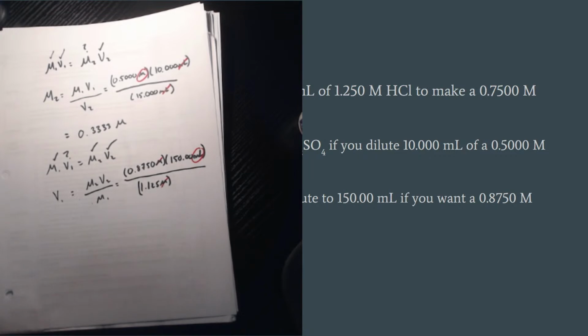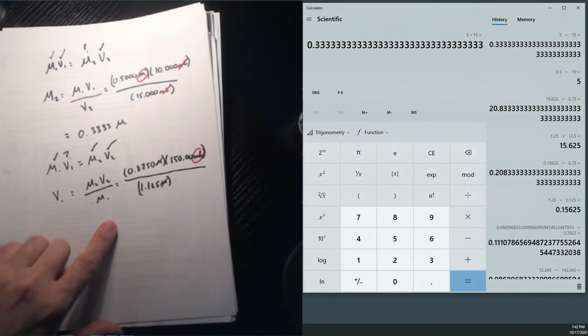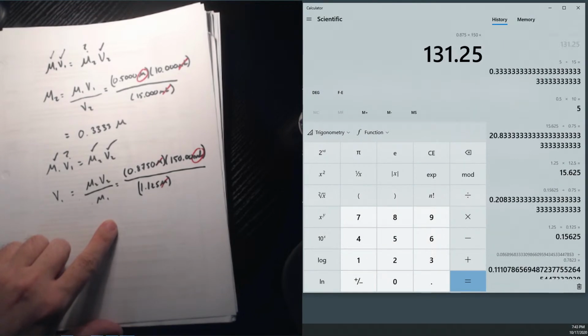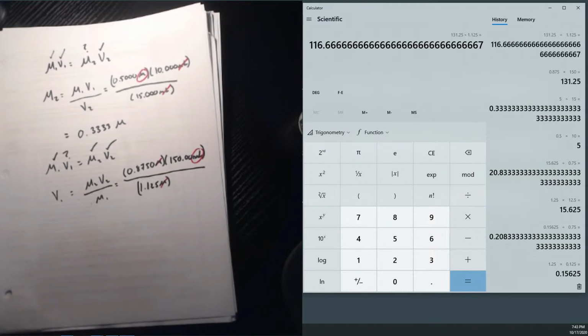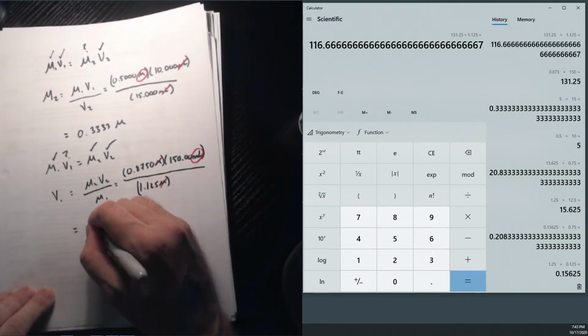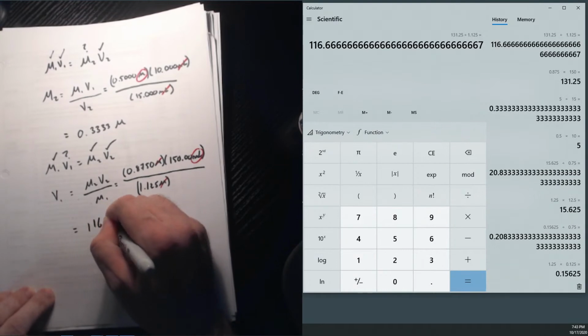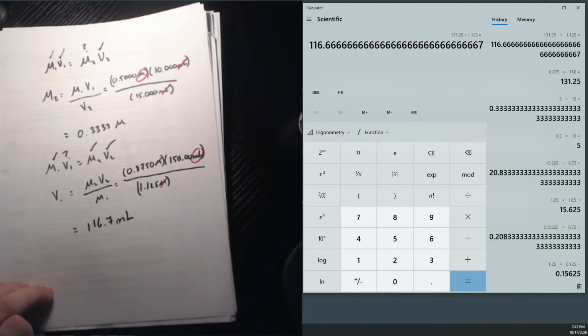Okay. So, calculator time, 0.875 times 150 divided by 1.125. And we're going to start with 116.7 mL. So we're not going to add too much.